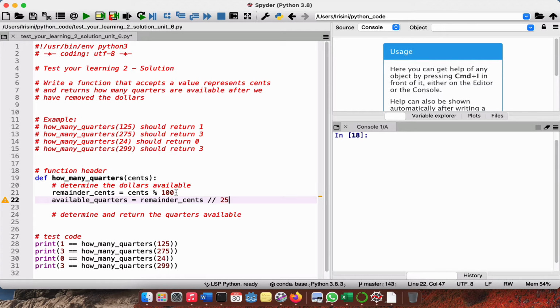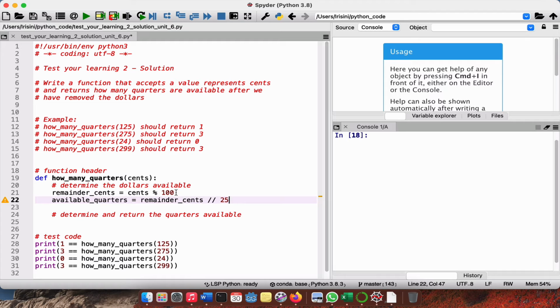So the number of cents divided by 25, however, it's integer division because I only care exactly about 25s. That means if I have 26 cents and I do integer division 25, it will return 1 quarter. If I have 25 cents, it will return 1 quarter.